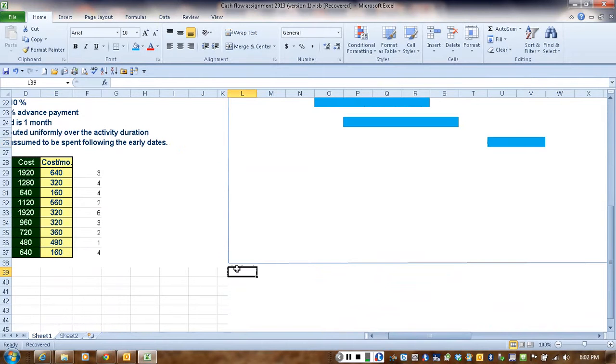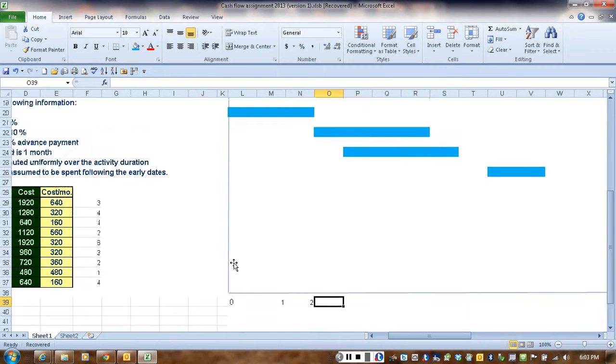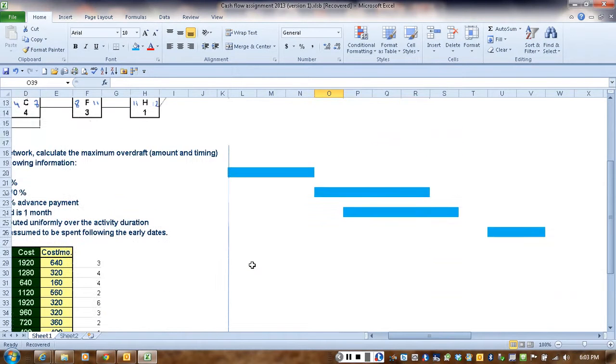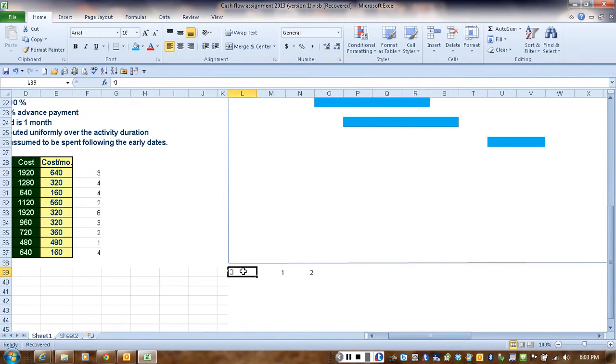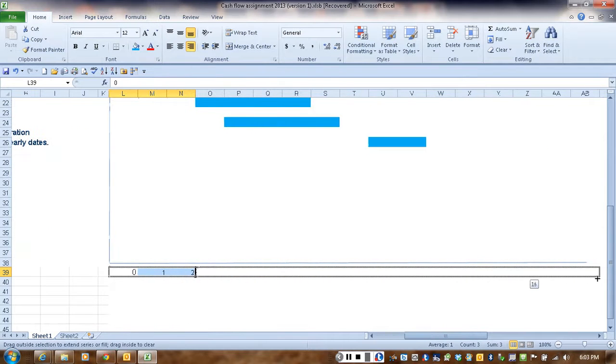Let's number these columns. So here we have 1, 2, 3, or actually let's start with 0, 0, 1, 2, and we can copy these numbers 3, 4, 5, 6, 7, 8.